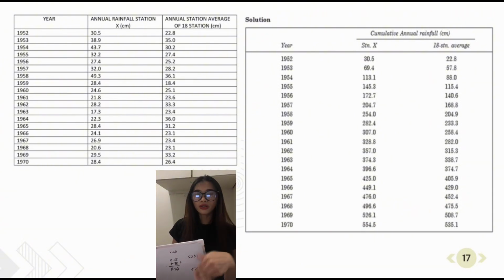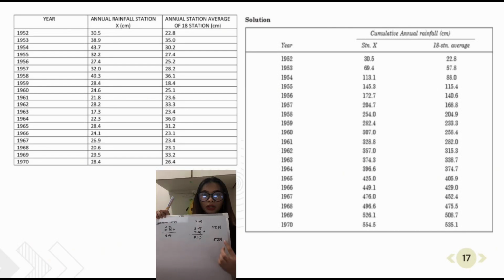So to calculate by using double mass analysis, let's say for example in 1952 and 1953, we'll add 30.5 plus 38.9, so we'll get 69.4.